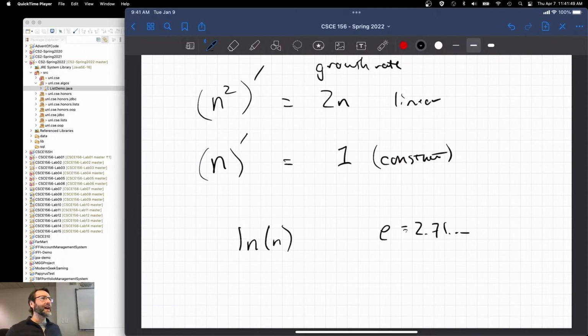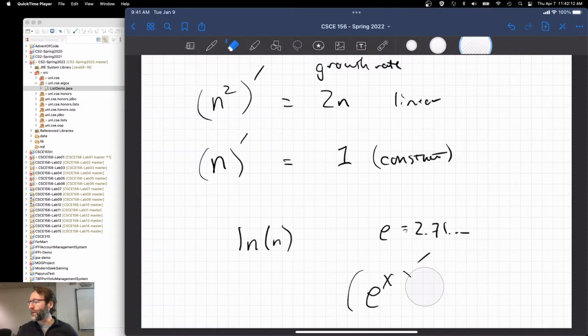In whose book is that natural? In a mathematician's book, that's natural. Why does a mathematician think of e as being natural? What happens when I take the first derivative of e to the x? It's e to the x.